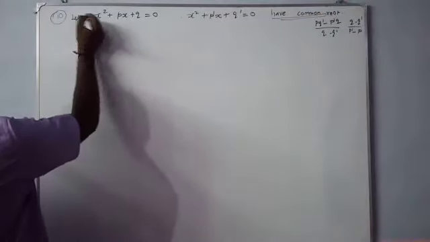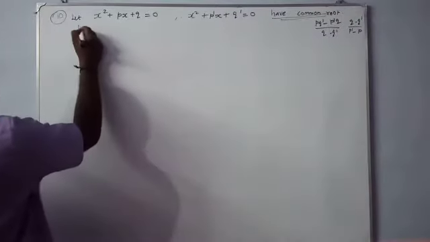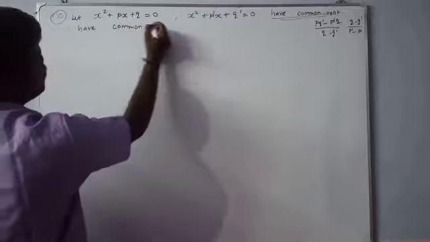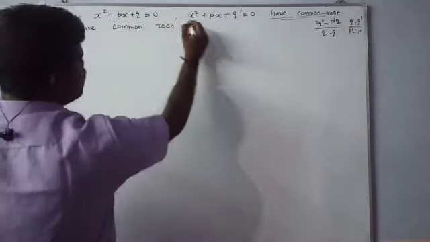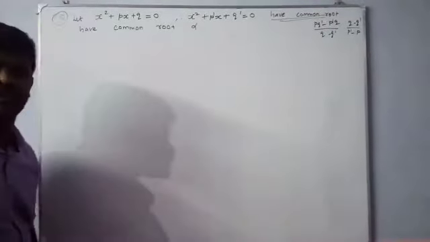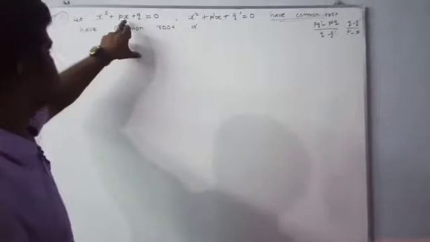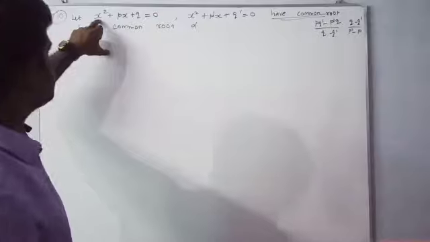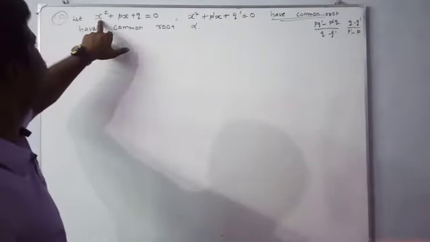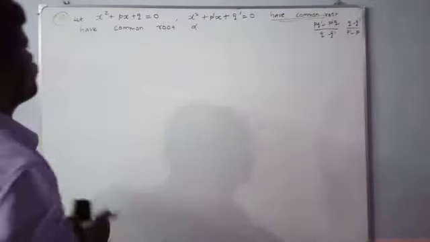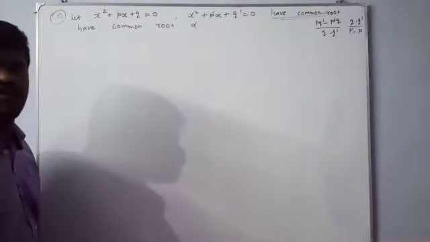Let these two equations have common root alpha. One common root is there, so common root alpha. If suppose this is the root of this equation, we replace x by alpha.